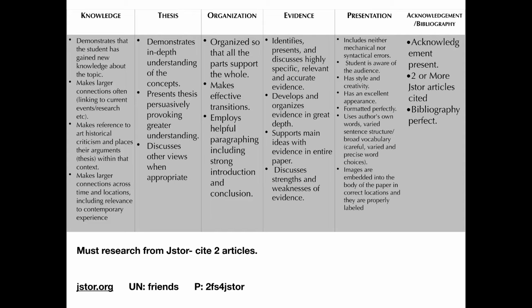Make reference to art historical criticism and place your arguments within that context. And so you might say, Oldenburg kept some of the sort of physical making that Rauschenberg did, right? Some art historian might write about Oldenburg, right?